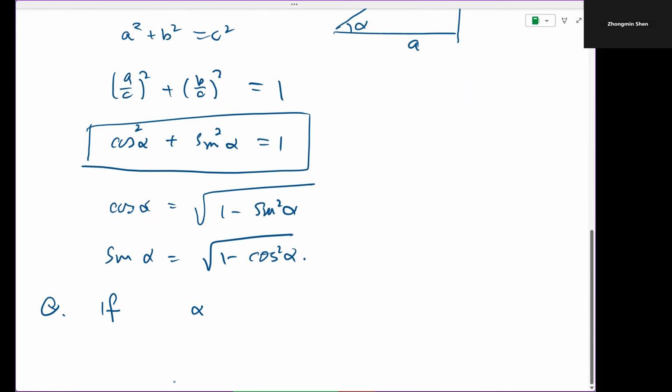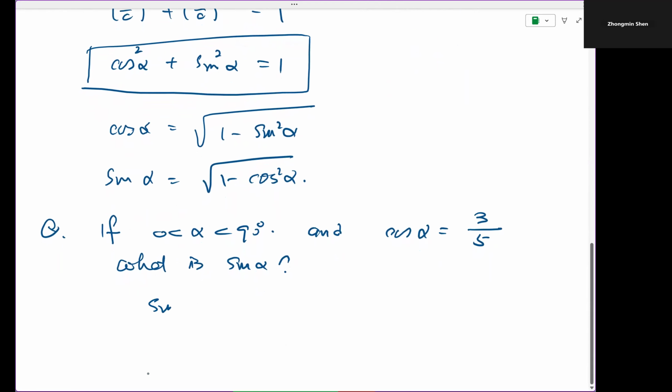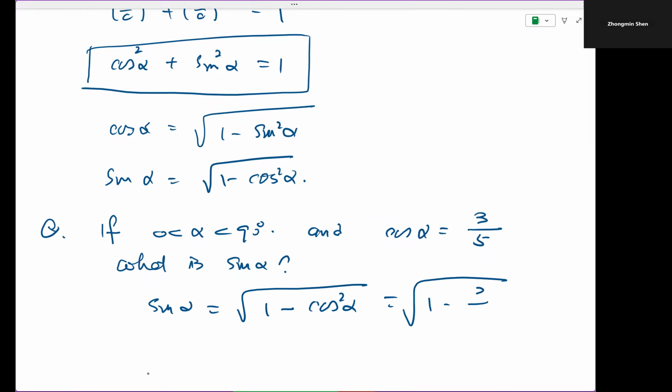If alpha is between 0 and 90 degrees, and I know cosine alpha equals 3 over 5, what is sine alpha? Then you can get sine alpha equals the square root of 1 minus cosine squared alpha. That's another formula you find out. It's the square root of 1 minus (3 over 5) squared, and after you simplify, it's 4 over 5. Got it? Good.